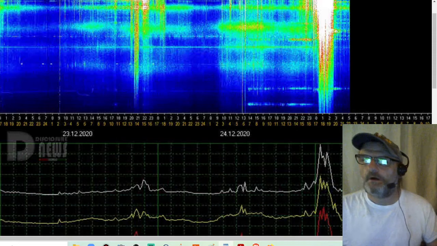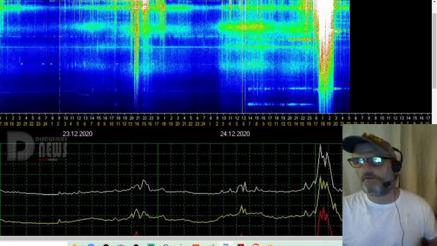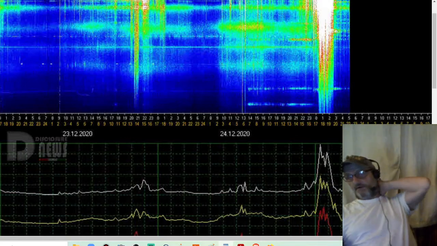All right. So white and yellow modes are heavily electric, usually. Red and green modes measure the layers closer to the Earth. Green measures the layer of EMF waves which occupy the space between the Earth and the lowest layer of the ionosphere.